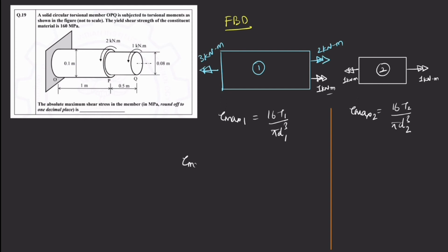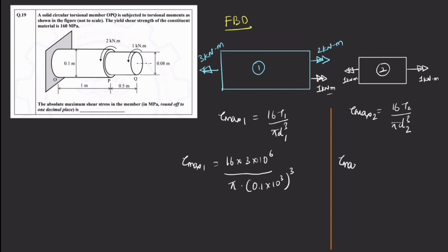Let's plug in the values. So tau max 1 equals 16 times 3 into 10 to the power 6, since we are converting all the units to Newton and millimeter, over pi times the diameter given as 0.1 meter, so 0.1 into 10 to the power 3, a whole cube.